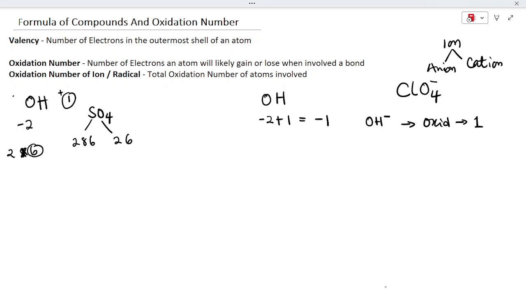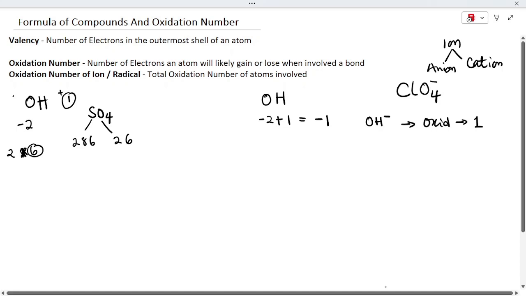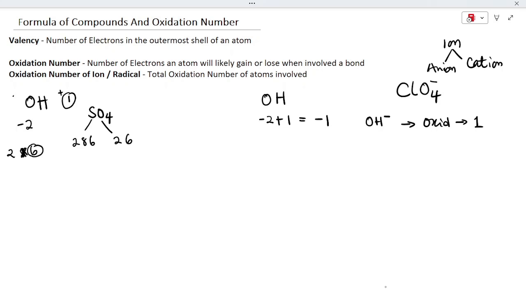So which one is more likely to lose, and which one is more likely to gain? Oxygen is much more likely to gain because it is much more electronegative. Again, we'll be discussing the concept of electronegativity and other periodic properties in some later videos. So because oxygen is much more electronegative, it will tend to gain electrons compared to sulfur.